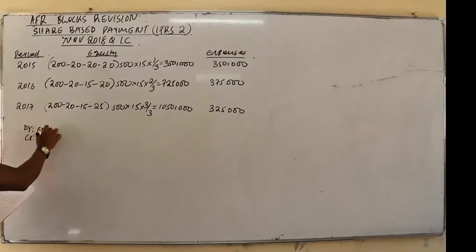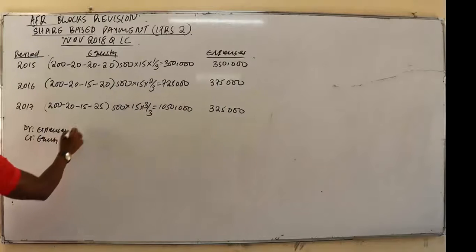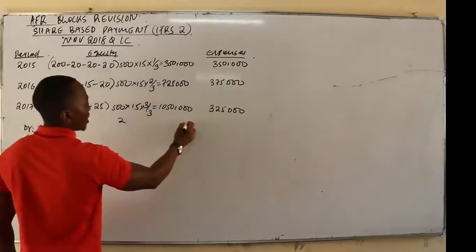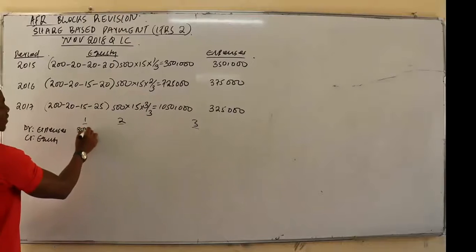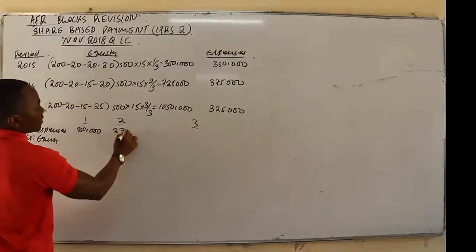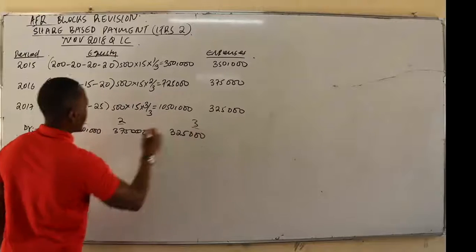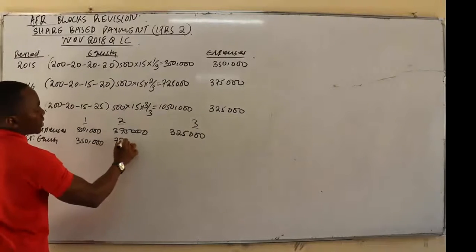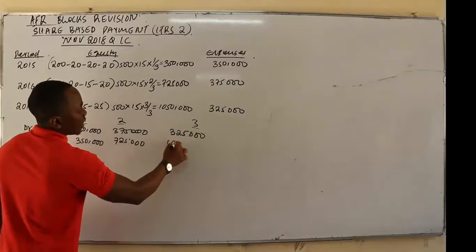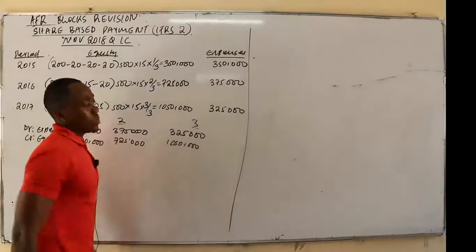You debit expenses, and then you credit equity. So first year, second year, third year. To the expenses, you show 350,000, 375,000, and 325,000. To the equity, 350, 725, 1050. But that was not what the question was asking.